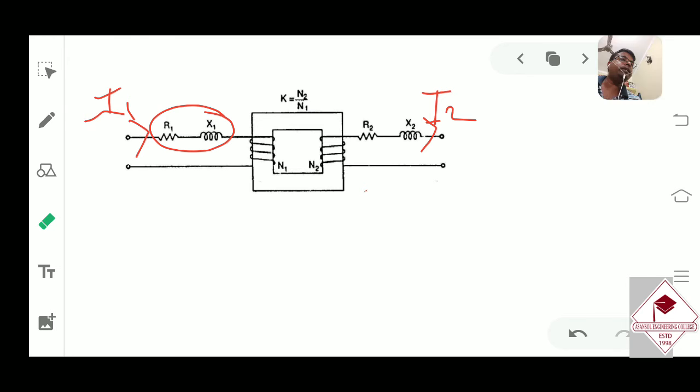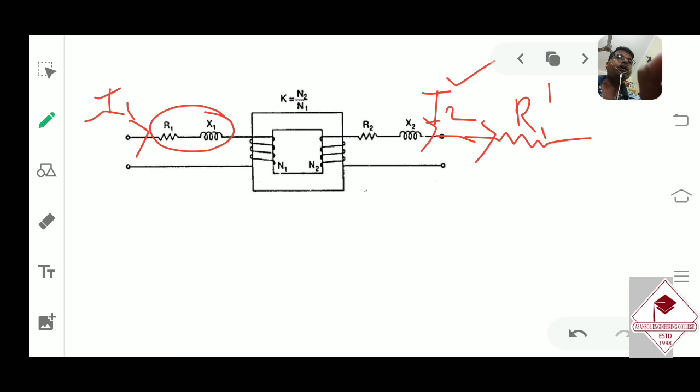So the value will be decided in such a way that the copper loss, either in primary or in secondary, for that particular parameter will be the same. Here I have assumed that R1 has been transferred to secondary, and the secondary value of R1 is R1 dash. Since it has been transferred to secondary, how much current is flowing? I2 current is flowing.